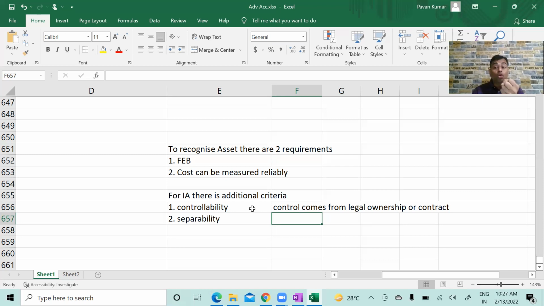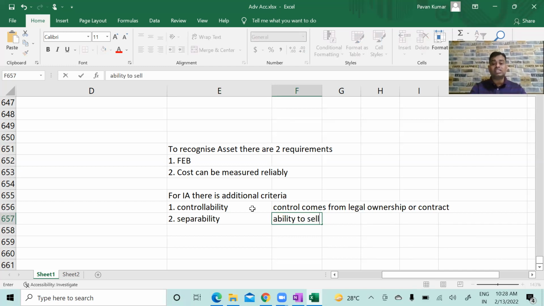Then I can control people from using KFC. So that is contract. Or if I have a brand that is my own, legally, I own it. Correct? Yes, sir.